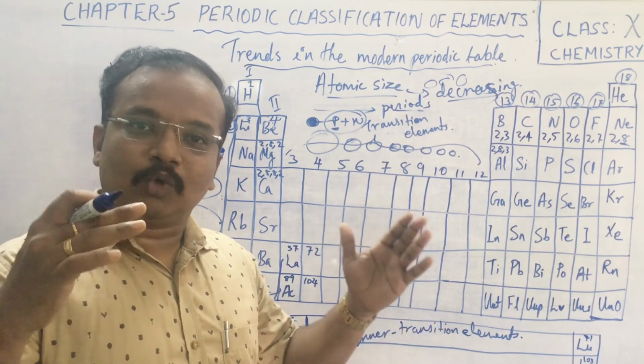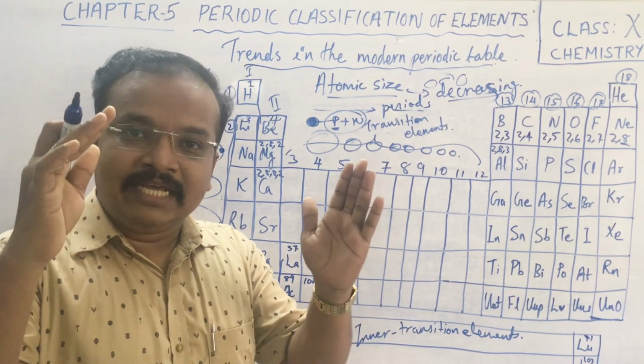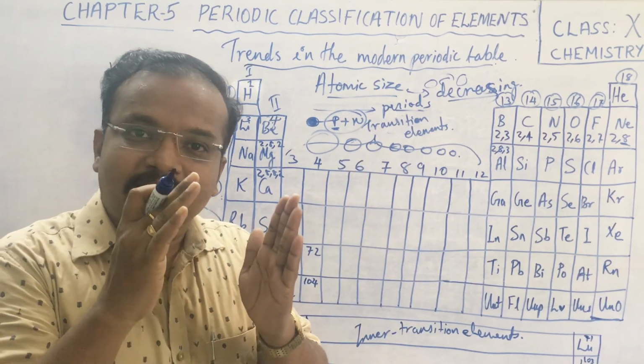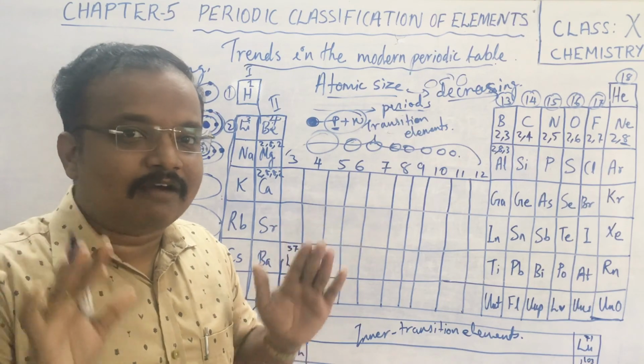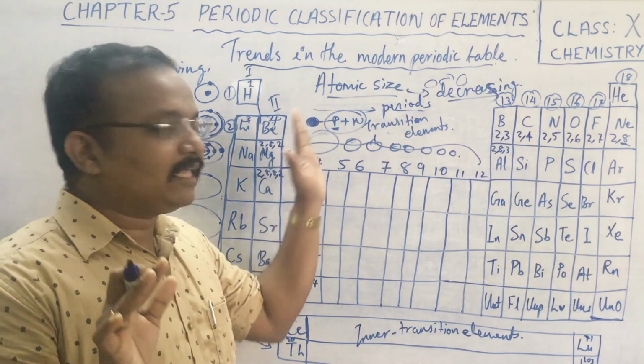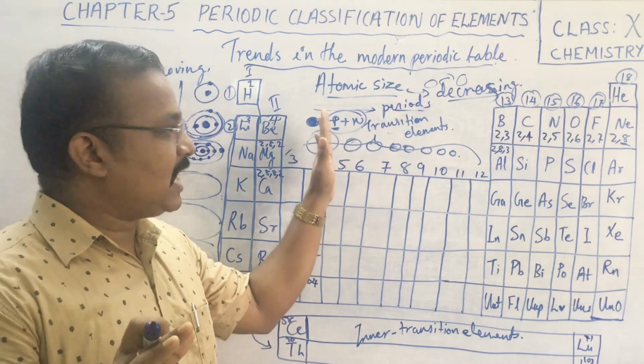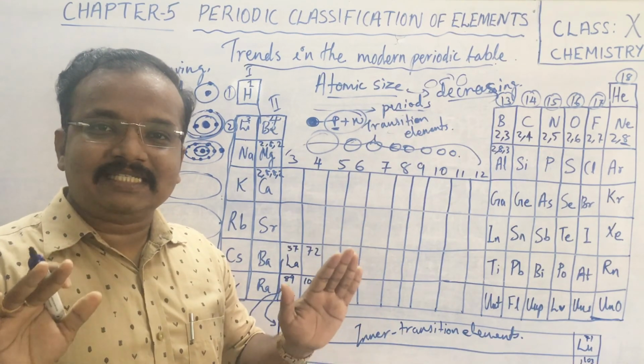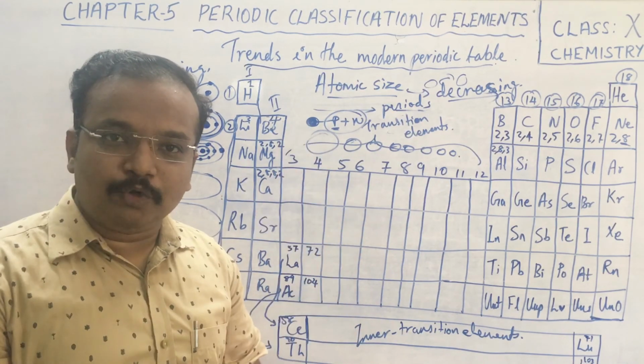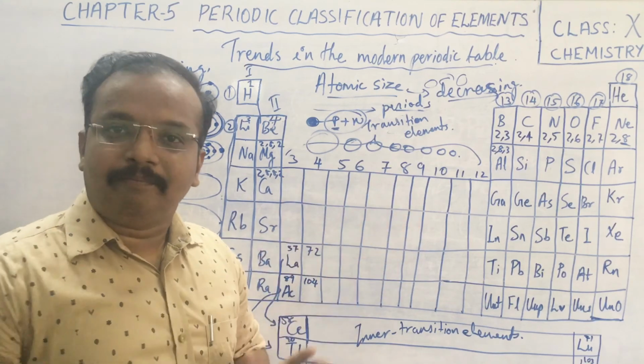Because of that, nuclear charge increases and the size of the element keeps on decreasing. So today we have discussed another trend in the modern periodic table, that is atomic size. Atomic size increases down the group and decreases across periods.